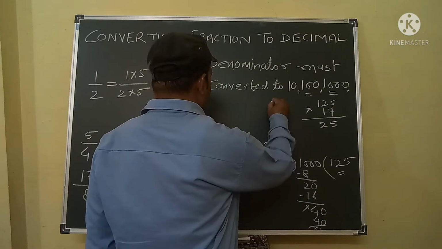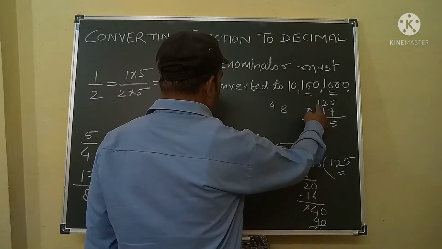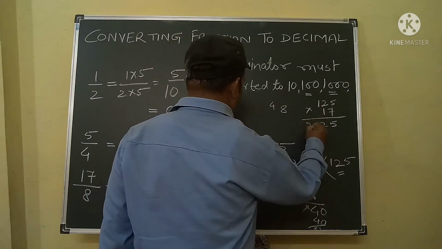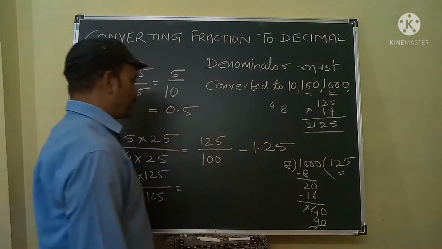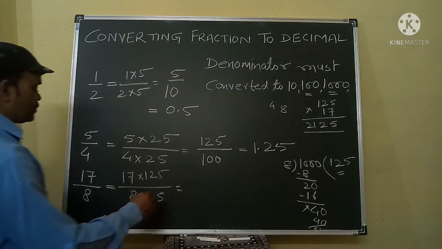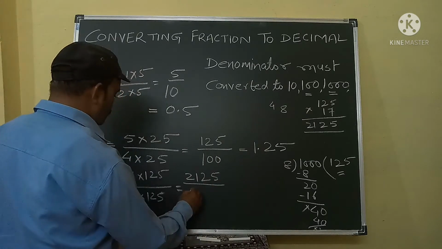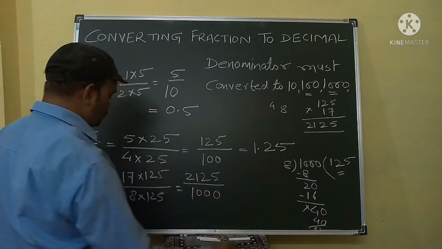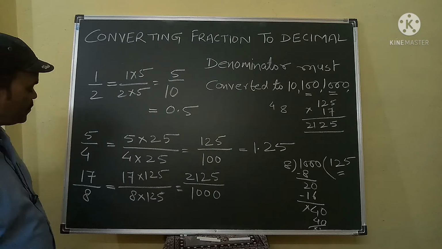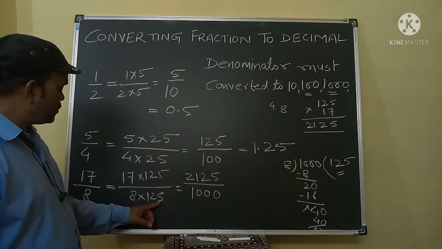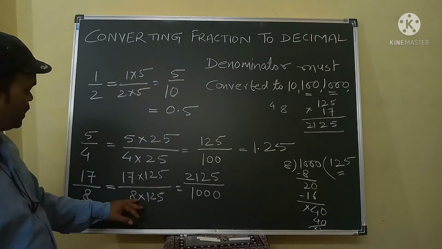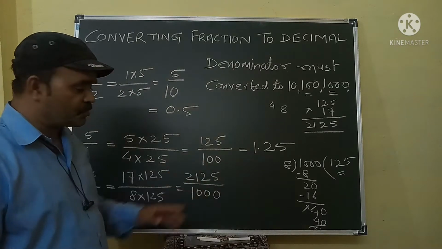This is 2, carry over is 4. 17 1s are 17 plus 4 is 21. It will give you 2125. 2125 upon 1000. That's why 125 into 8 gives you 1000.